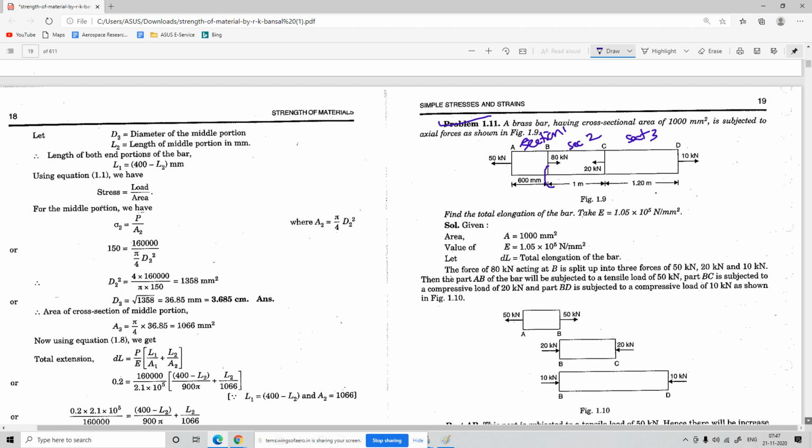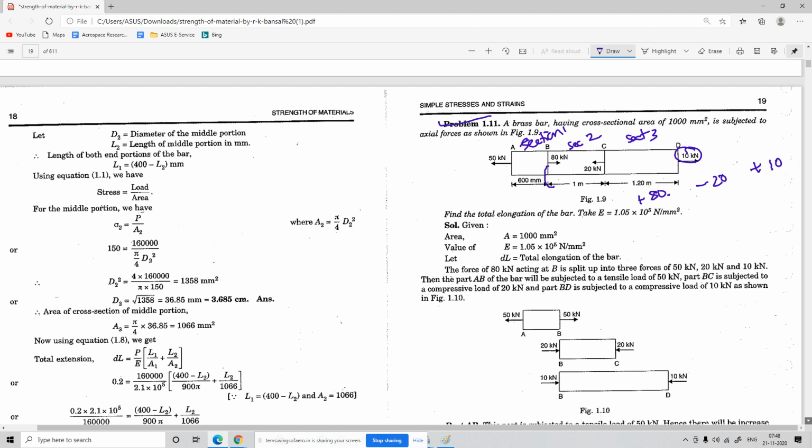First we consider 80, because we know the tensile direction is positive. The compressive direction is negative, that is minus 20. Another is in the tensile direction, plus 10.